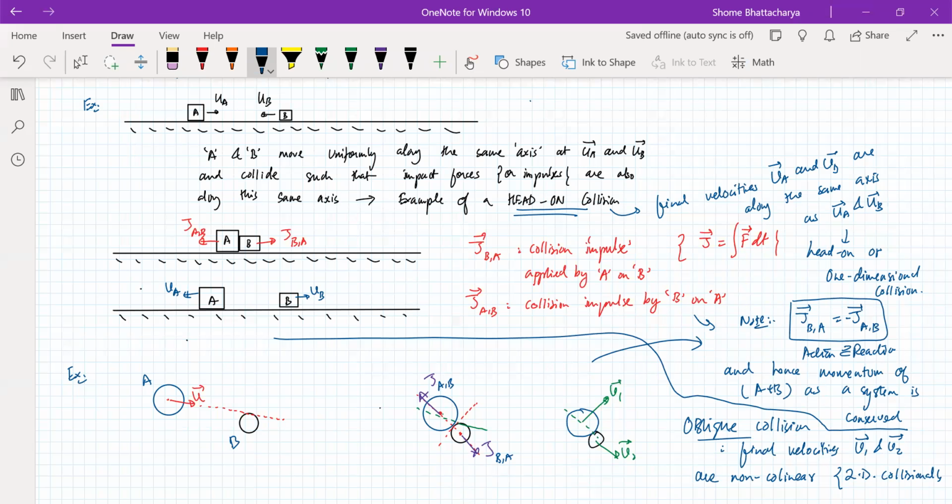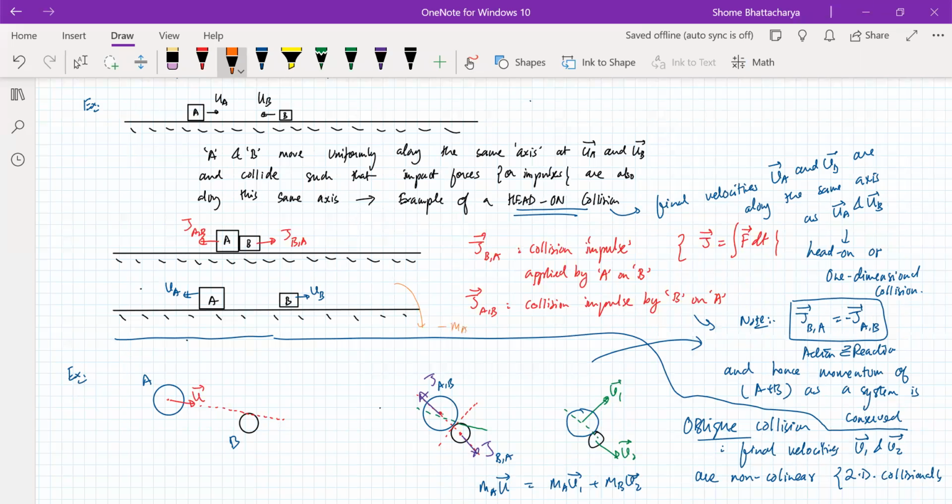So we will have mass of A into whatever the initial velocity of A was, that will be equal to mass of A into final velocity V1 plus mass of B into final velocity V2. Whereas for the above example, when we write the conservation of linear momentum, we get a much simpler equation.